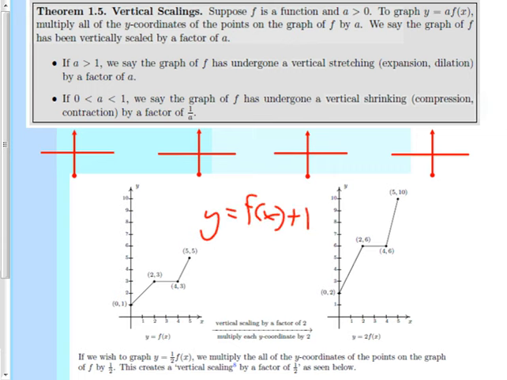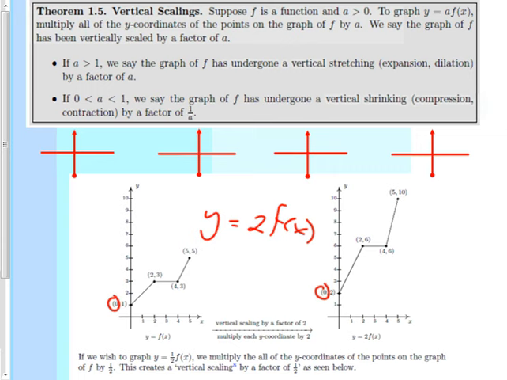They'd be wrong, but they might say that. If you look close enough, it's actually on the slide. It is y equals 2f of x. So this one has been stretched vertically. It's been doubled.